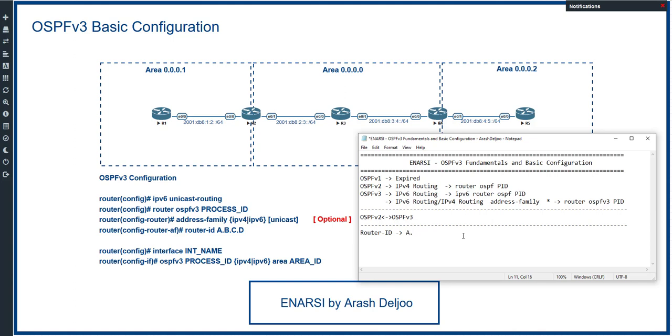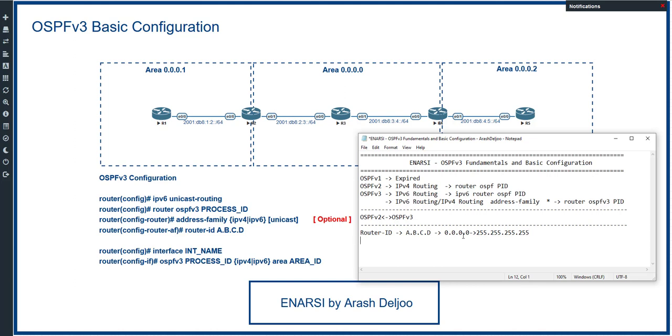You know that the router ID has 32 bits, and we write the router ID in dotted decimal notation, A.B.C.D. This is like an IPv4 address, but you know that this is not actually an IP address. You can use any value between quad 0 and quad 255 for the router ID, but some of them cannot be used for OSPF.